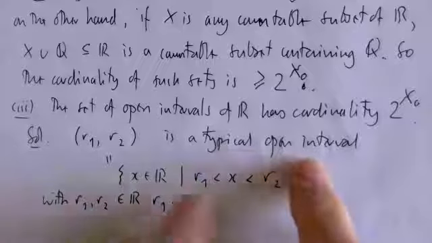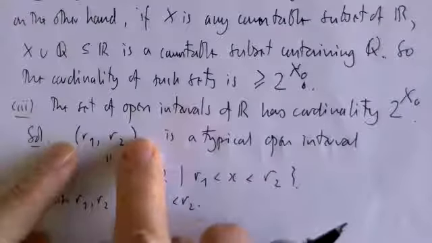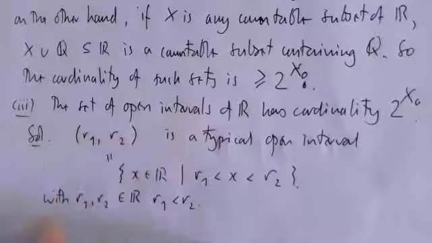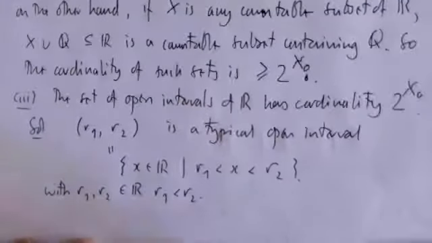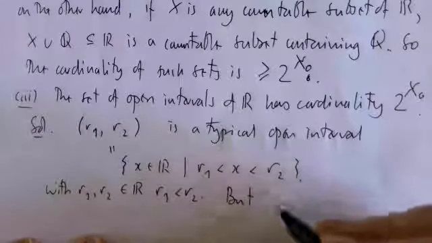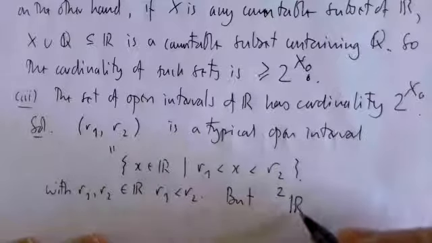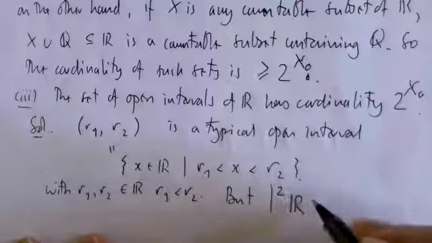So the cardinality of the set of open intervals is just the cardinality of the set of pairs R1 and R2, right? So you would just say something like this. It's just looking at functions from 2 into R, which just gives us pairs.